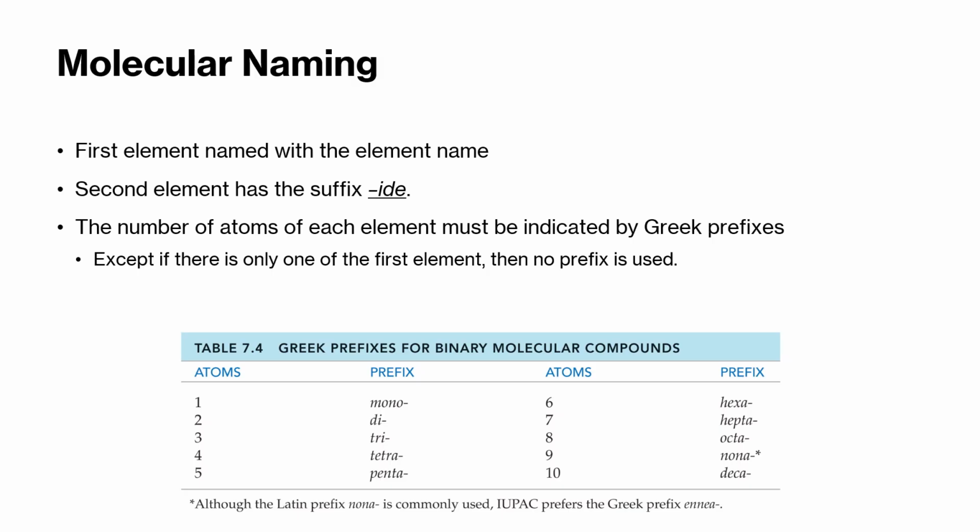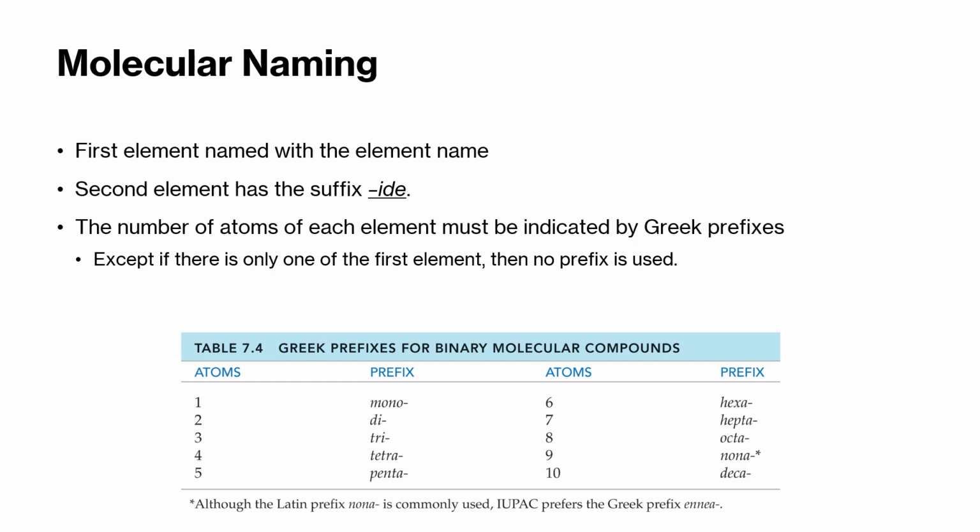In ionic naming, because the charges are implied within the molecule, no prefixes are used. So one of the things to use to differentiate ionic naming from molecular naming is that molecular naming has mono, di, tri, and tetra within there. Ionic naming does not. Ionic naming sometimes will have those Roman numerals in parentheses, but prefixes absolutely do not go with ionic naming in terms of what we're looking at.